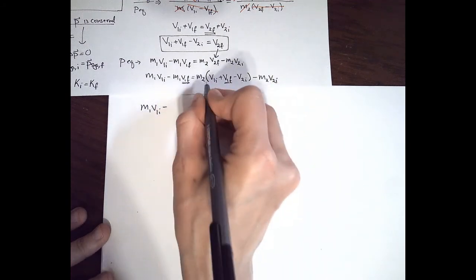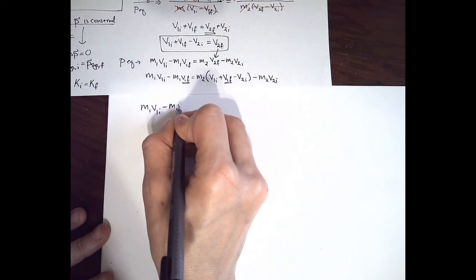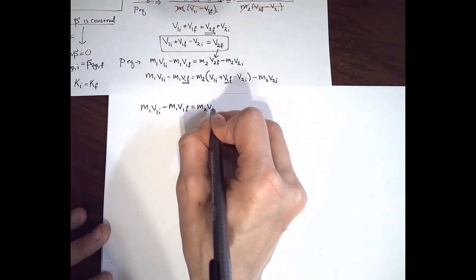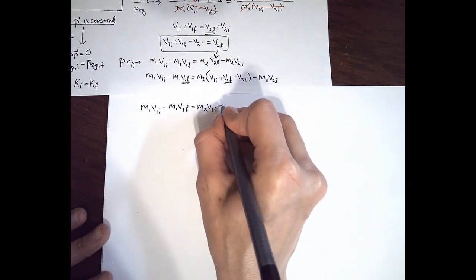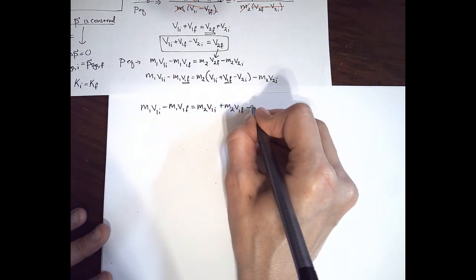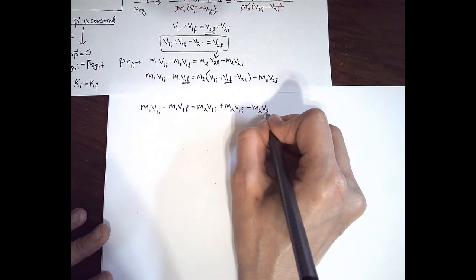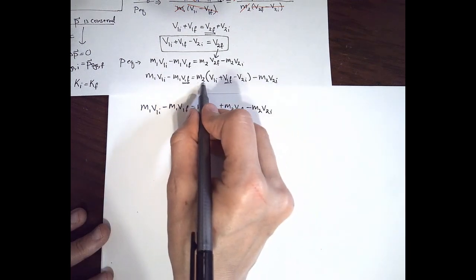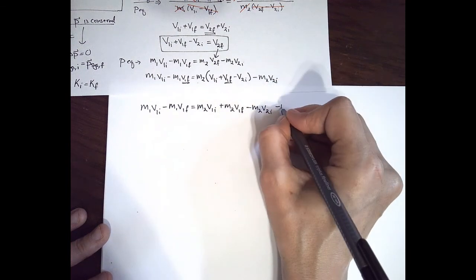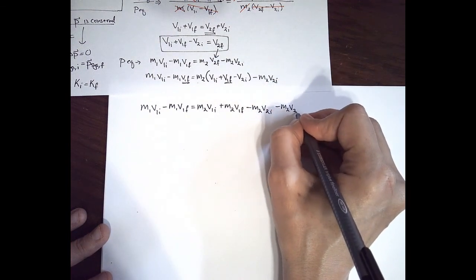Let's see, maybe I'll distribute this M2 first. So we got M2 V1 initial plus M2 V1 final minus M2 V2 initial. So I've just distributed this M2 to these three terms and then rewrite this last term, M2 V2 initial.